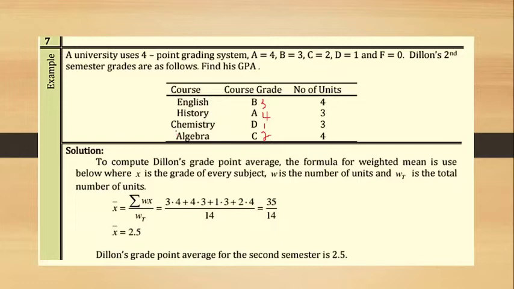The course grade here is your x, while the number of units is w. And the total number of units is w sub t.